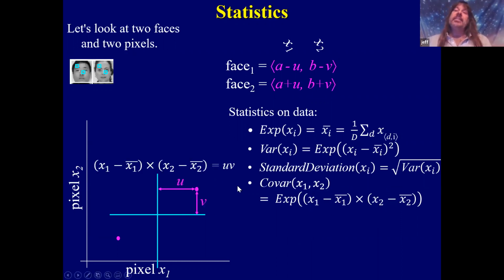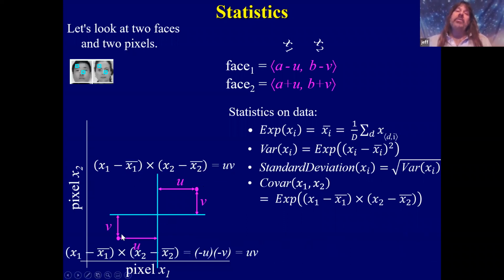All right, so let's look at these two cases here. How much is x1 deviating from its mean? You see in this example, x1 is deviating by positive U from its mean. And similarly, x2 is deviating positive V from its mean. So we take the product of positive U and positive V, and we get UV.